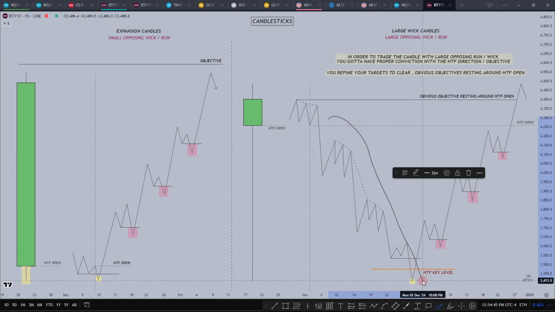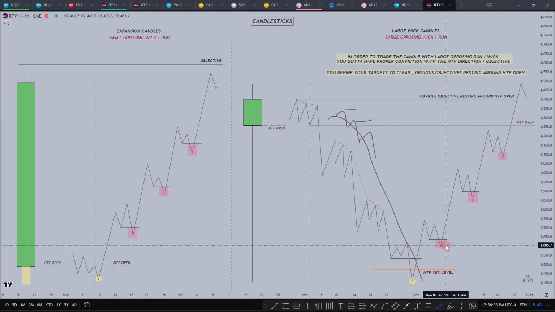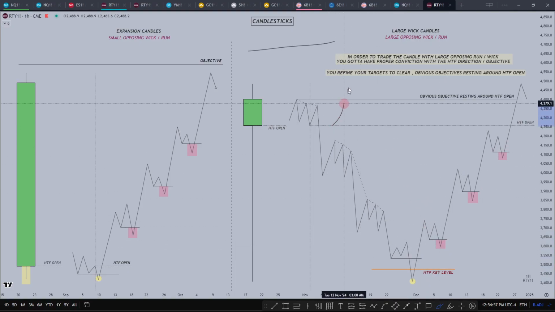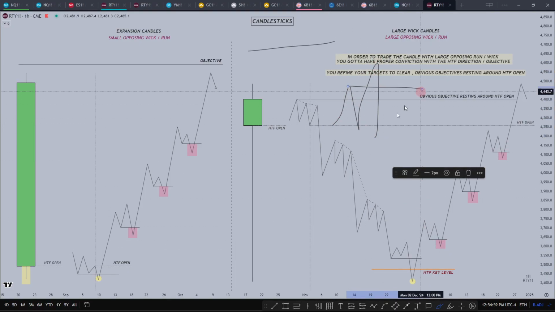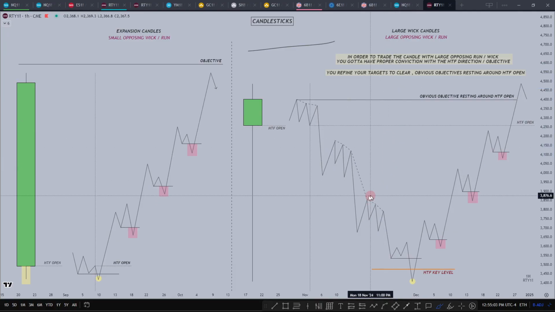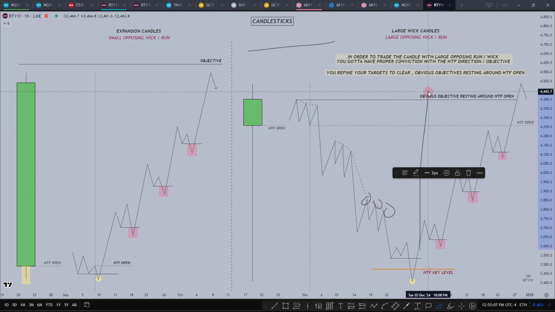But ideally you wanna see failure swings being formed on the way till this key level. You don't wanna see established highs being formed. You wanna see clear low resistance being engineered so it could be taken easily.